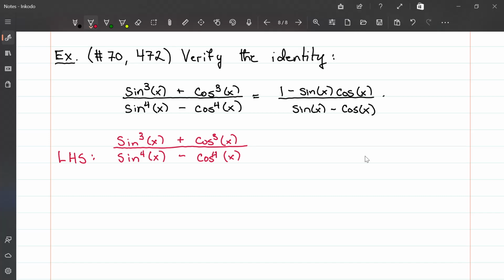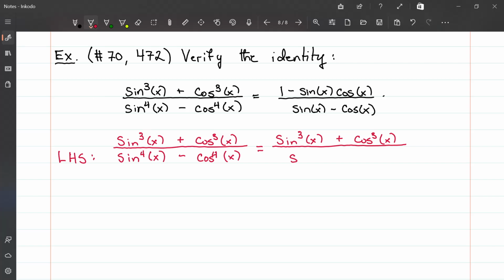There are some things here that are a little bit easier than others, so let's go ahead and start with the easy stuff. Specifically, let's start with the denominator. The first thing we should do is make a rather obvious little observation. Said observation being that whenever I talk about sine to the fourth and cosine to the fourth, I can actually choose to write them a slightly different way.